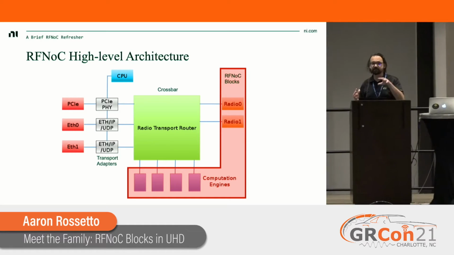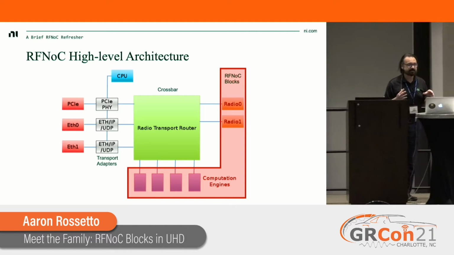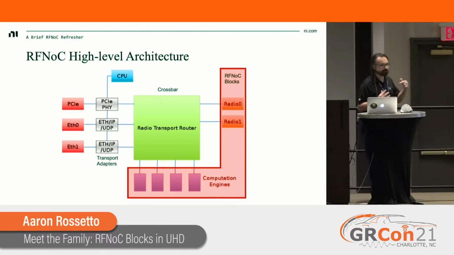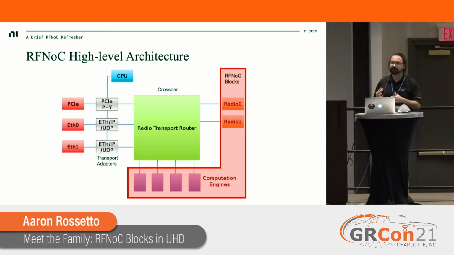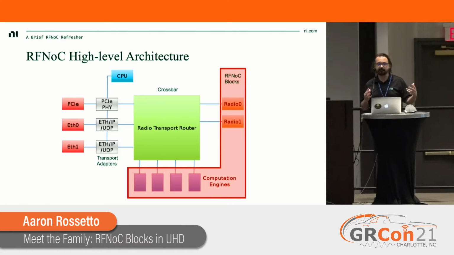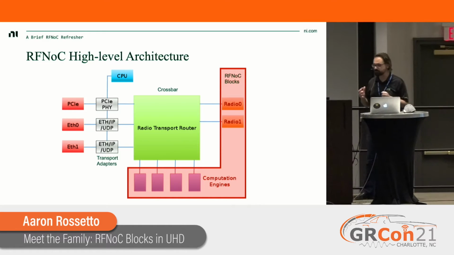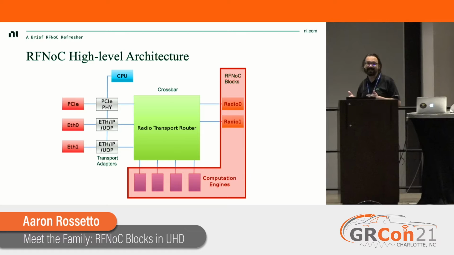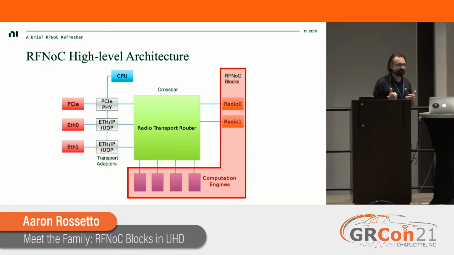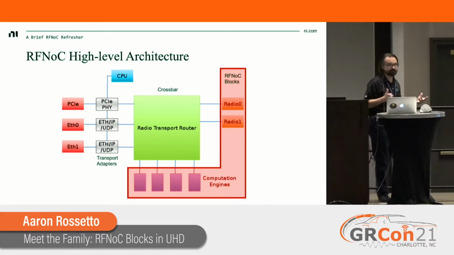The computation blocks, the DSP elements that we ship in UHD, or alternatively, that you can create through the out-of-tree RFNoC block creation process, for which we have some really good tutorials that Neil Pandya and Jonathan Pendlum have led in the past, and I think are also available on YouTube.